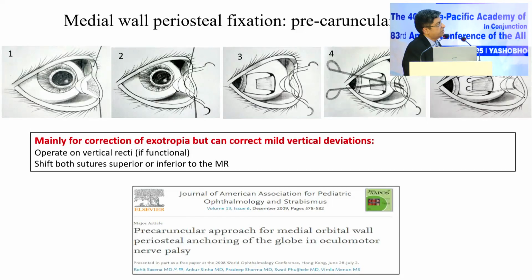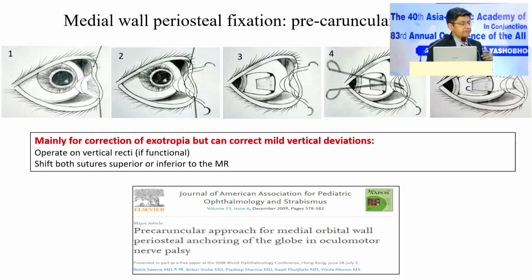So if you have hypotropia and you pass the superior suture also on the inferior side, then you have a vector that is not only pulling inwards but also pulling upwards. That's one of the advantages. Again, you can correct a modest amount of vertical when you are doing this.